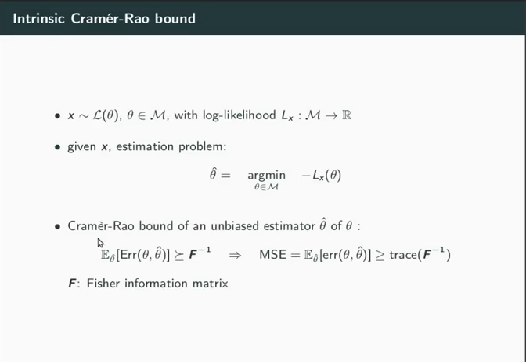And we have this kind of inequality here, where if we take the covariance error of theta and theta hat, we have a lower bound, which is given by the Fisher information matrix. And we can also take the trace of this inequality to have a bound of the mean square error in the classical case.